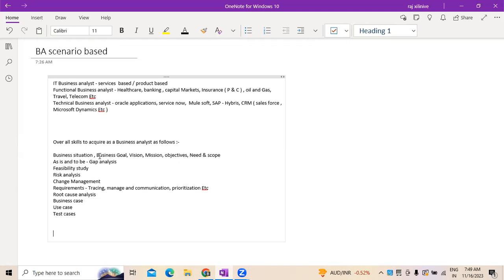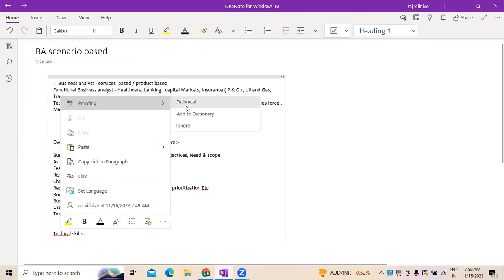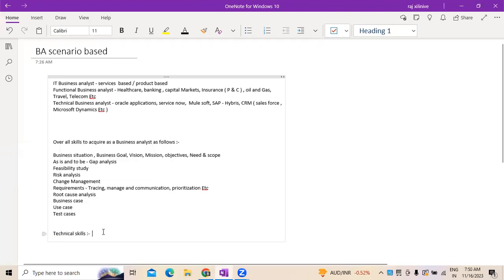Next, apart from that, if you want to have some technical skills nowadays. Technical skills, in addition to the role of a BA, I'm talking about. Apart from the business analyst knowledge, nowadays people are asking you to have knowledge of SQL, writing queries.